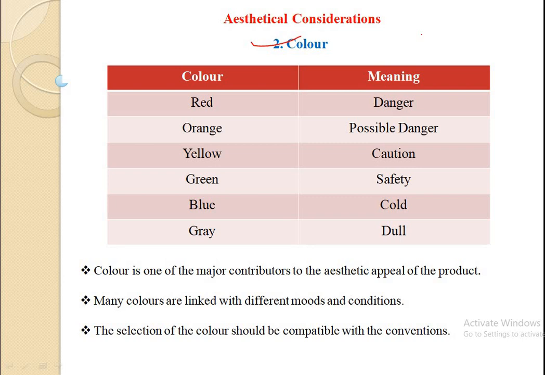The likings of different customers are different. So color is one of the major parameters which attracts the customer. Apart from the shape and form of the product, the next parameter considered in the aesthetical considerations is the color.